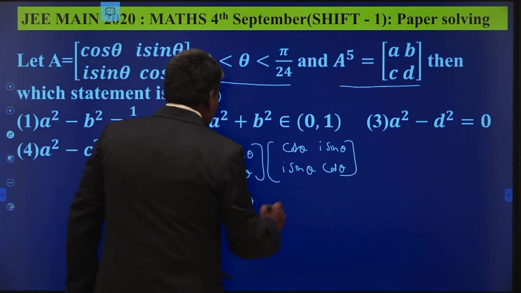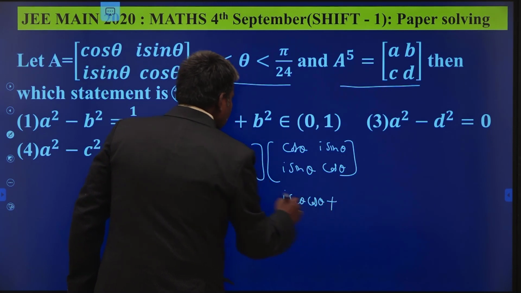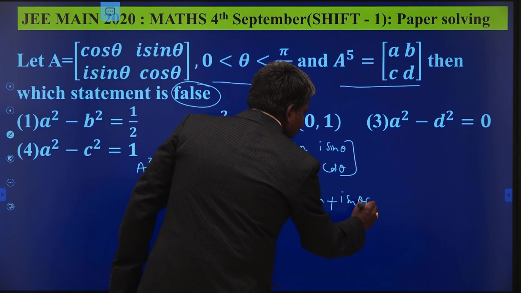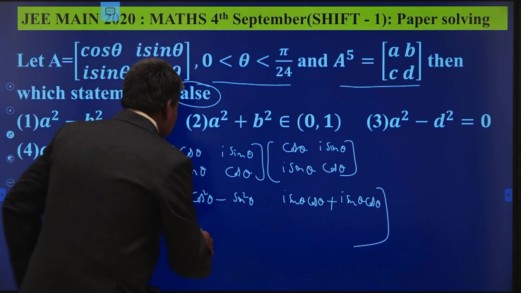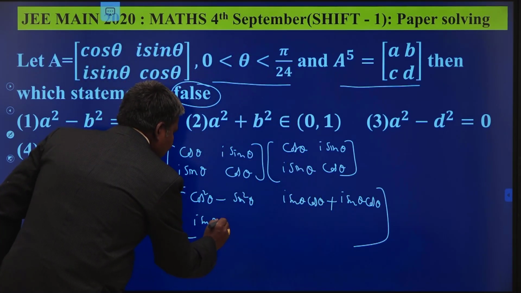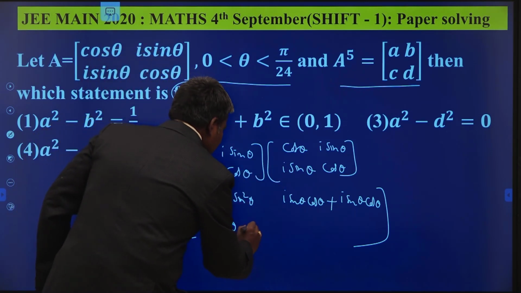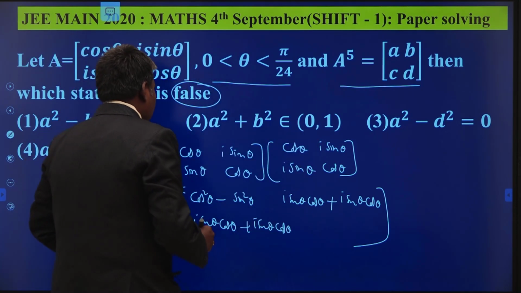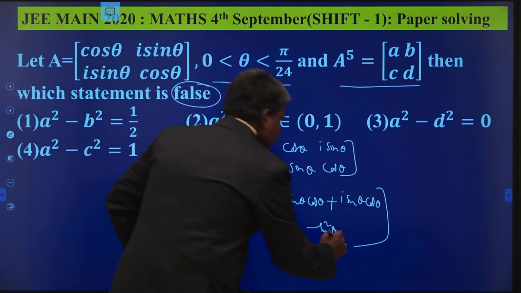Again cos theta into i sin theta plus i sin theta into cos theta. Again i sin theta cos theta. I sin theta into cos theta, i sin theta cos theta. Cos theta into i sin theta plus i sin theta cos theta. What do you have? I square into sin square theta minus sin square theta. This is plus cos square theta.